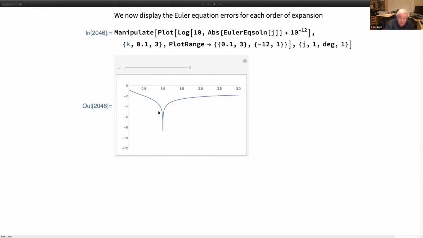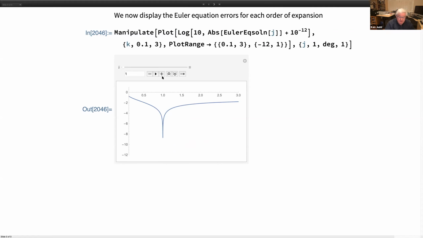Now, what happens to Euler equation errors? Here's the Euler equation error, log base 10. At the linear approximation, you have basically no error, but then it rises rapidly and you have substantial error. Now you do the quadratic approximation, that goes down, down, down.